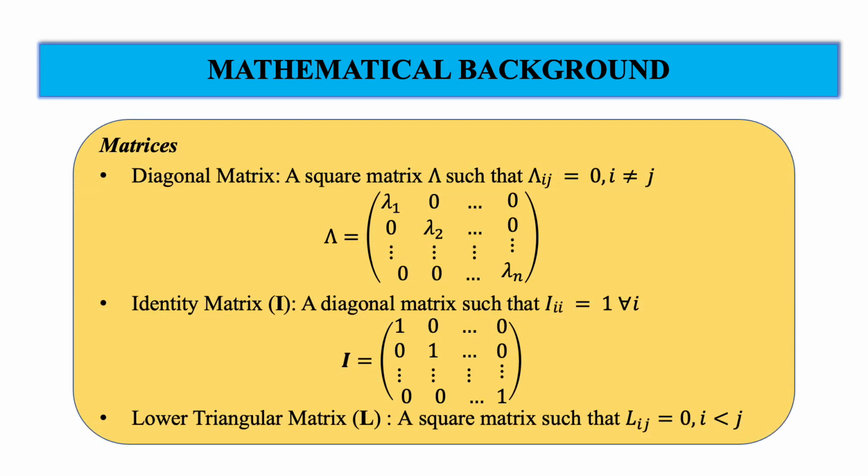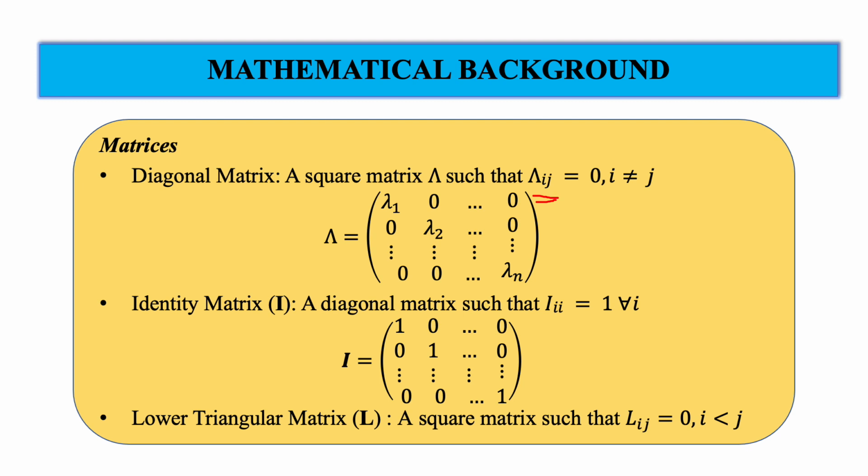Now we define a square matrix lambda, where you have non-zero entries along the diagonal and zero entries along the non-diagonal elements. Some of these lambda_ii could be 0, but not all will be 0.